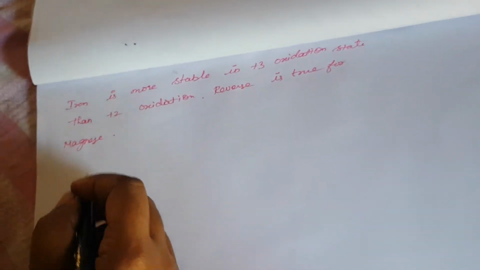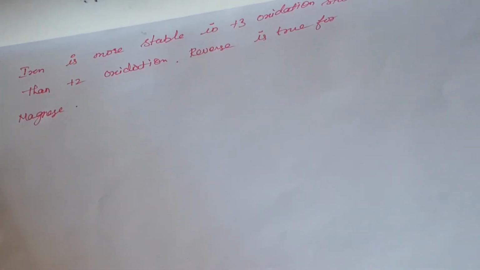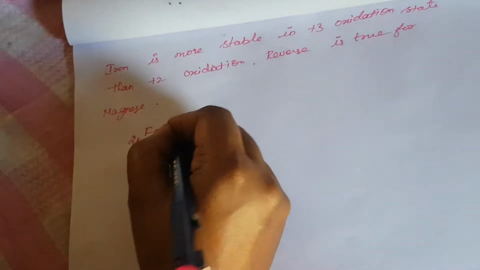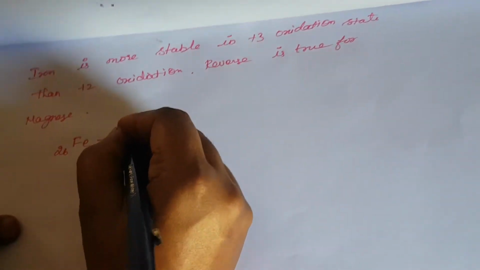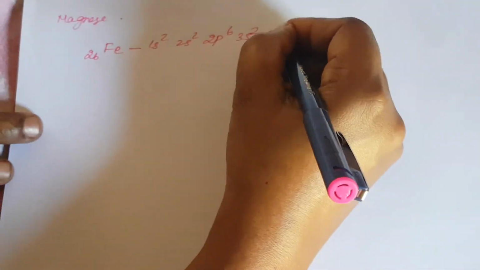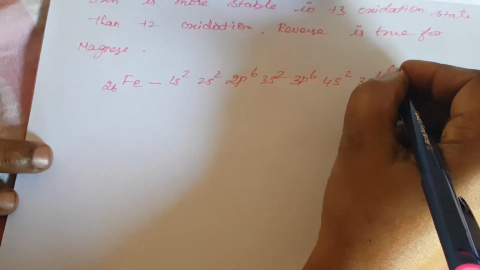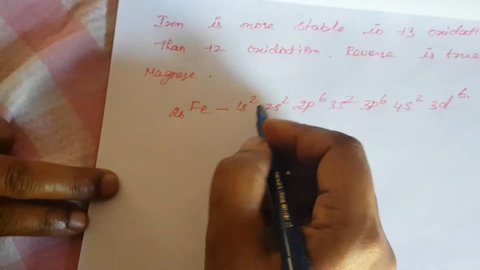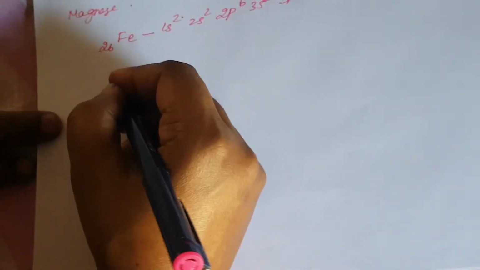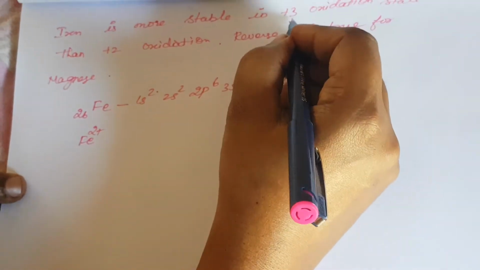What is the atomic number of iron? The atomic number of iron is 26. How to write the electronic configuration? 1s2, 2s2, 2p6, 3s2, 3p6, 4s2, 3d6. They are asking which of +3 and +2 is more stable.